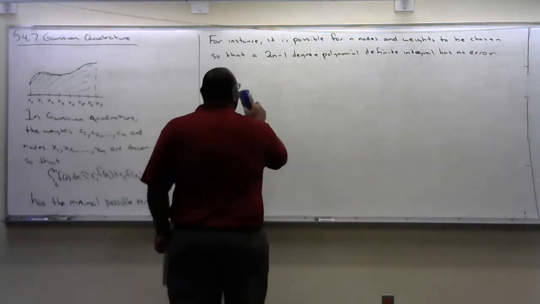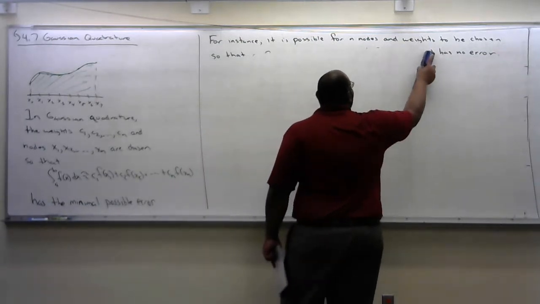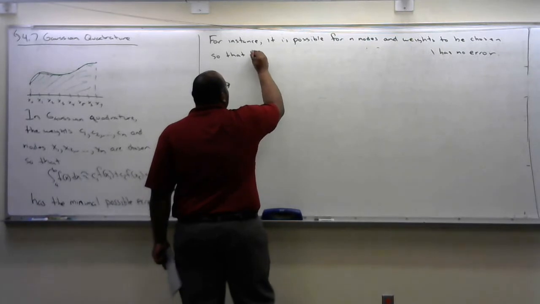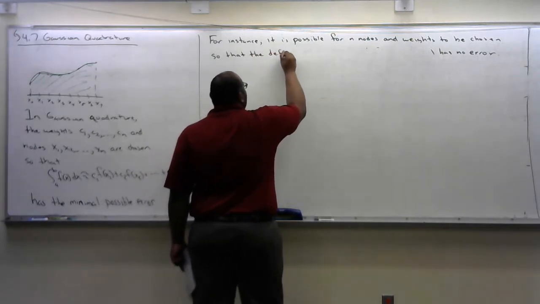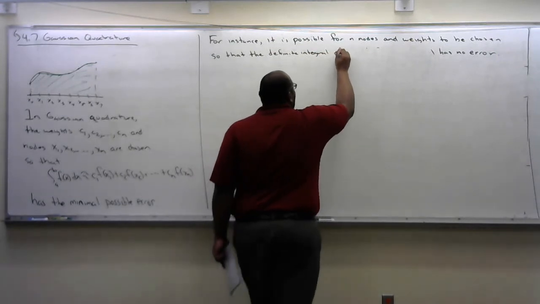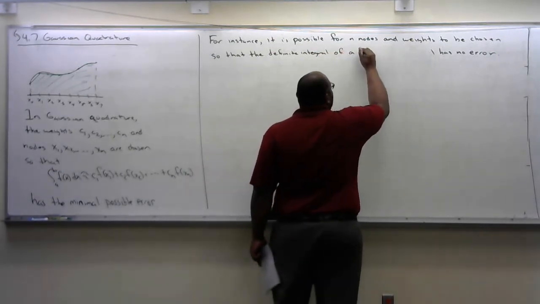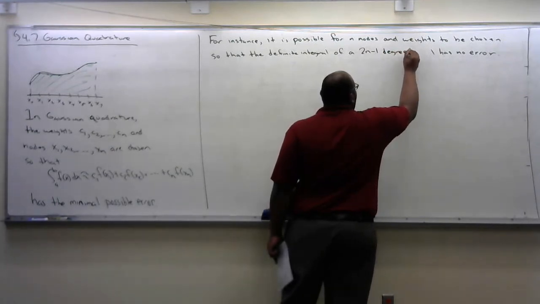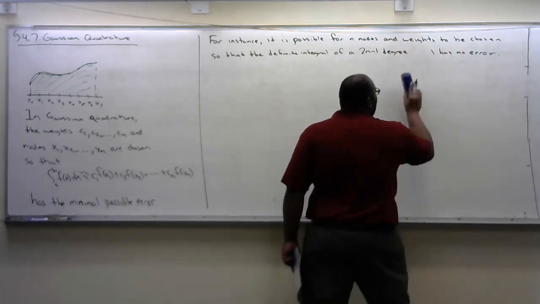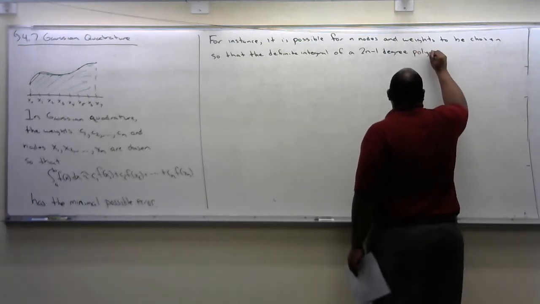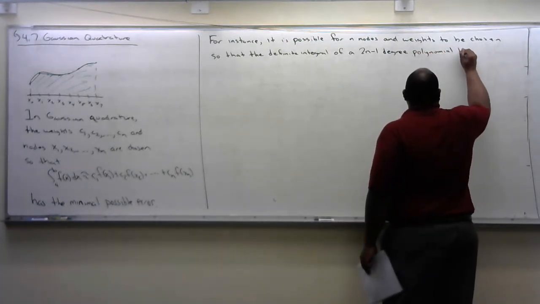I'm going to switch that around: the definite integral of a 2n minus 1 degree polynomial has no error.